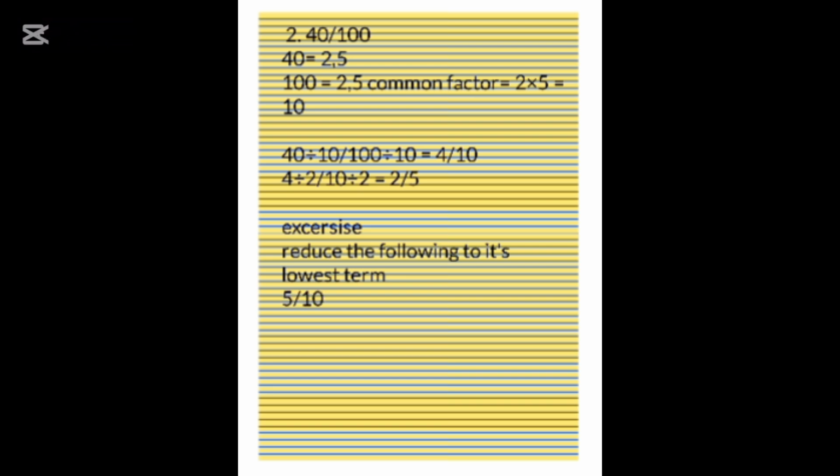Let's solve it together, guys. 5 and 10 have a common factor of 5. So that's going to be 5 divided by 5 all over 10 divided by 5, which is equal to 1 all over 2. Now let's continue.